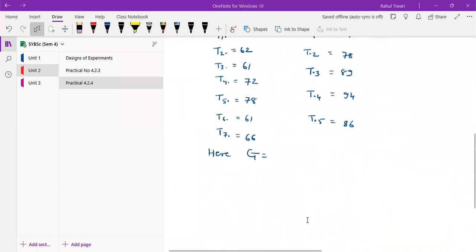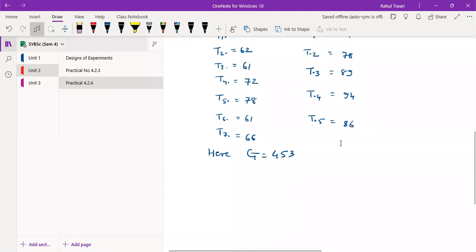And once you get this, just check what your grand total is. Let me know what your grand total is. Is that coming 453? Just check. What is your answer?